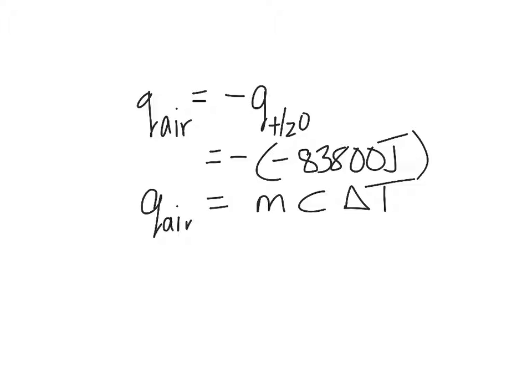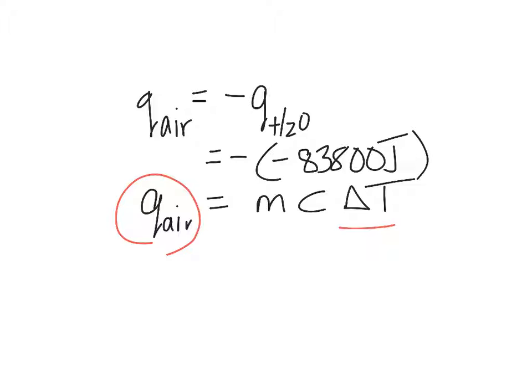What are we solving in this equation? Evan? Solving for delta T. If you are solving for one unknown, you have to know all the other pieces. We now know Q of air because it's equal to the amount of energy that water gave up. We know the mass of air.